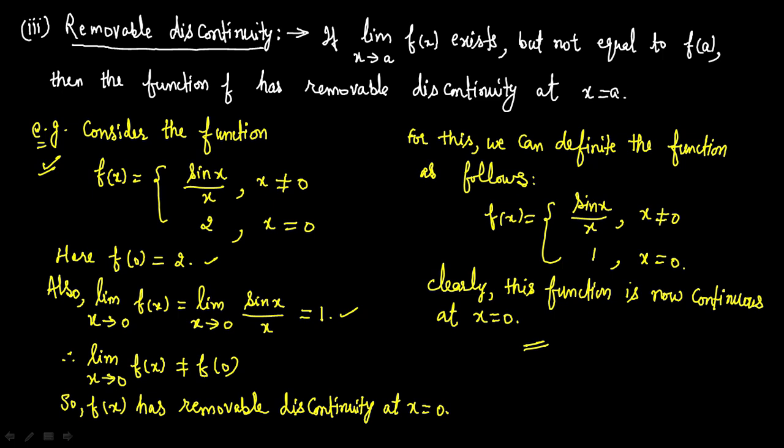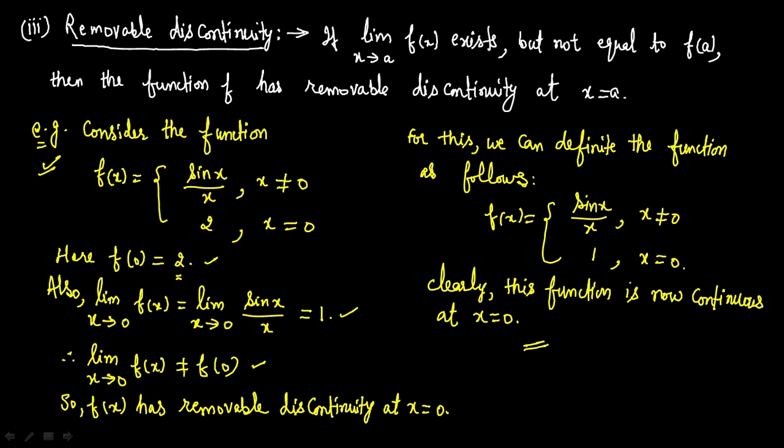So you take the derivative of the numerator and the derivative of the denominator, and when you simplify, you get the answer 1 here. And you can see clearly that f(0) is equal to 2, but this limit is 1. So limit x approaching 0 f(x) is not equal to f(0). So f(x) has removable discontinuity at x equal to 0.